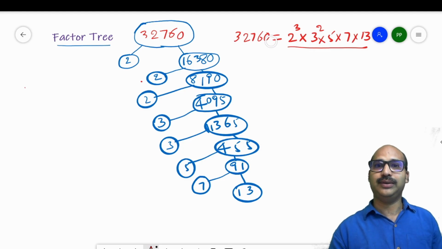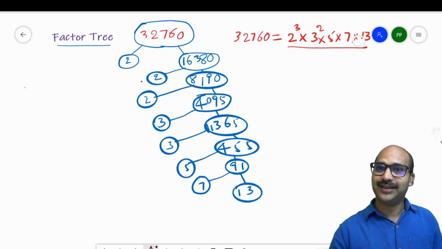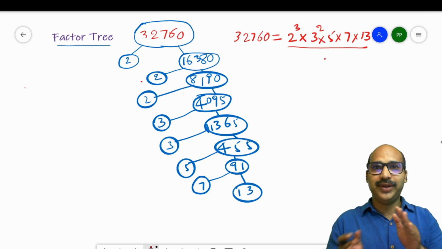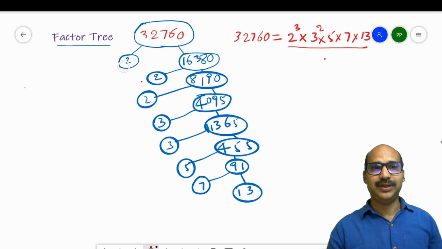For example, if we decide that these factors are in ascending order, means small to big, 2, next 3, next 5, 7, 13. This arrangement is unique for this number. If this order is not fixed, we can write it in any order, because this 2 can be there first or this 2 can be there at the last also.